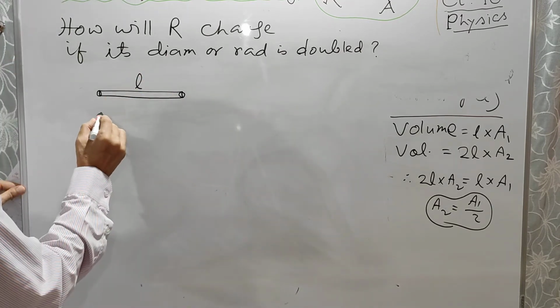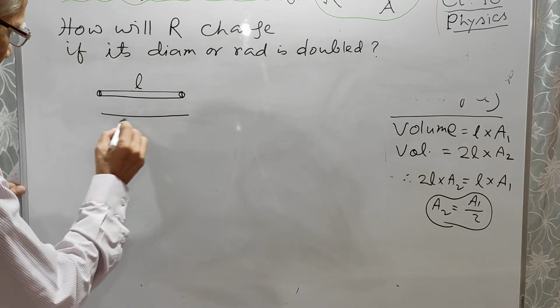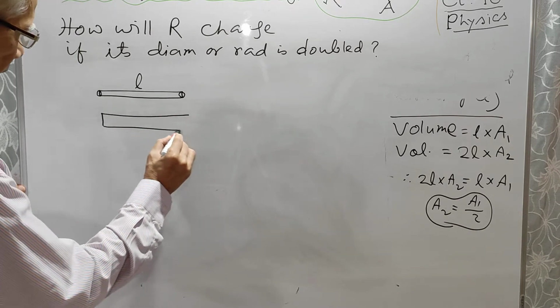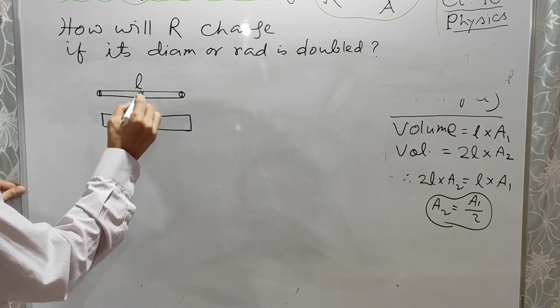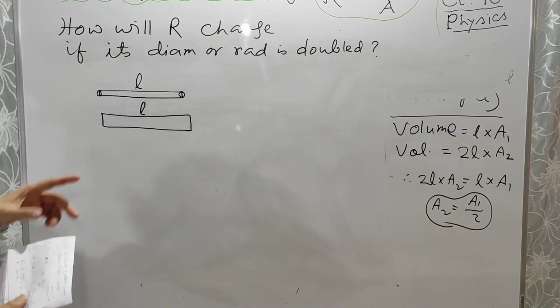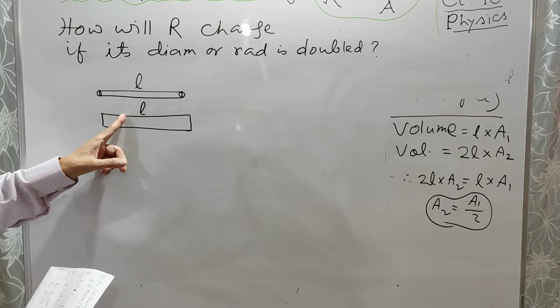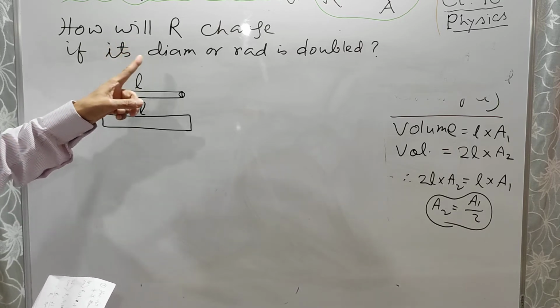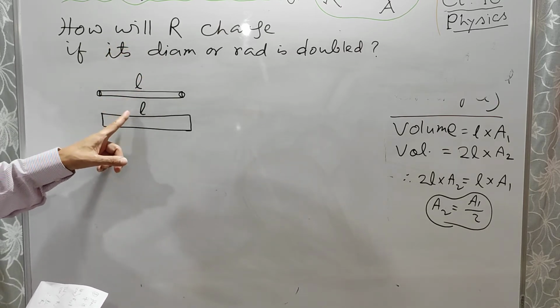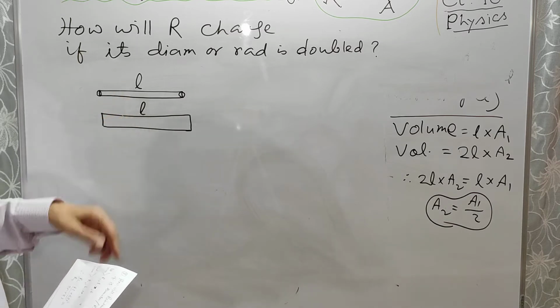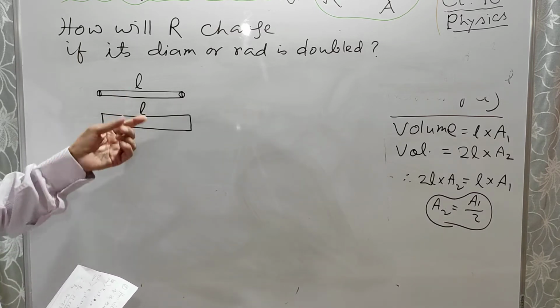Length remains same. Only diameter is double. That means it has become wider. You see, like this. Length of these two wires remains same. These are two different wires.